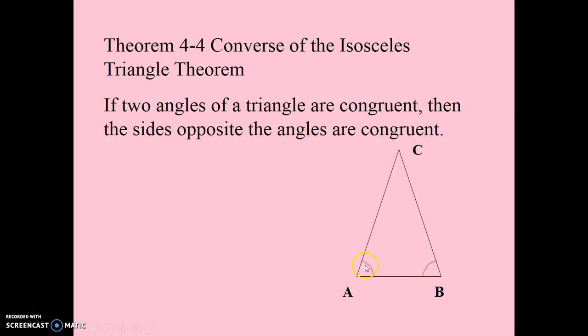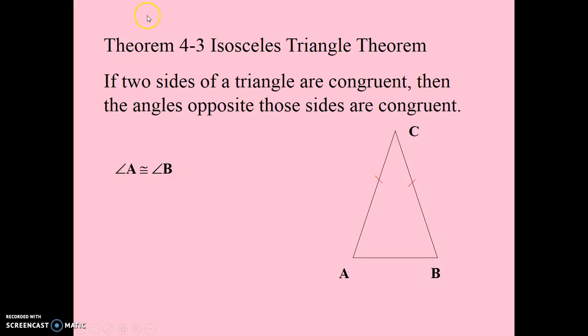So this side with this side. And that kind of makes sense. And again, just to figure out which one is the converse, which one is the regular theorem, if we just go back, what is an isosceles triangle? Well, it has two sides congruent. So that's what you're going to start with for the isosceles triangle theorem.